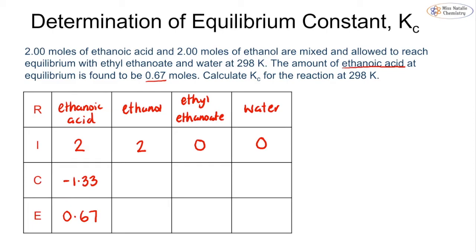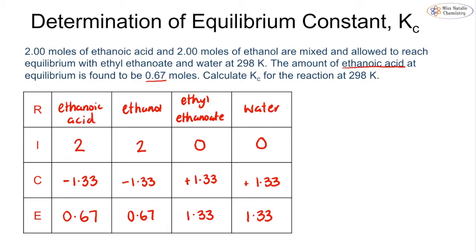I've said my initial is 2, it is going down by 1.33 to give my equilibrium moles as 0.67. Now, because these are all in a 1-to-1 ratio, each of them does the same thing. So this comes down to 0.67. For my products, I'm adding the 1.33. So now I have my number of moles at equilibrium.